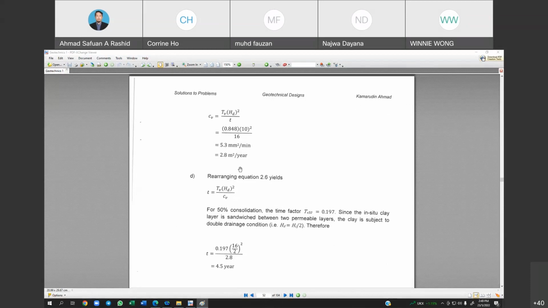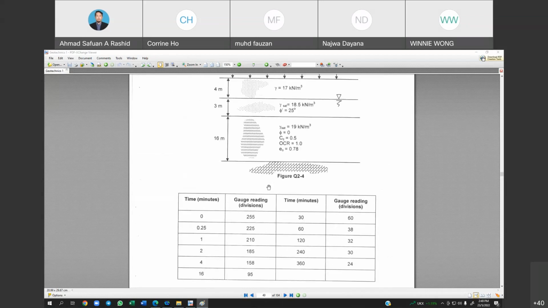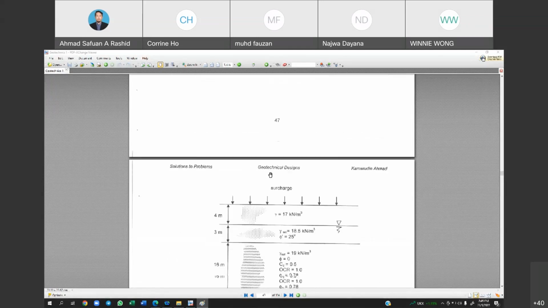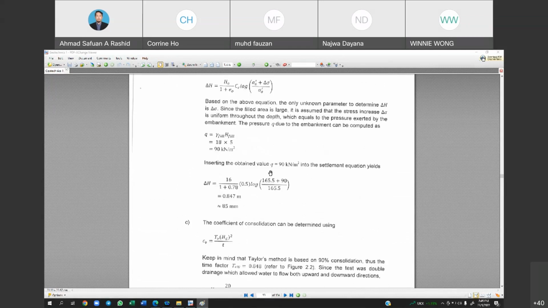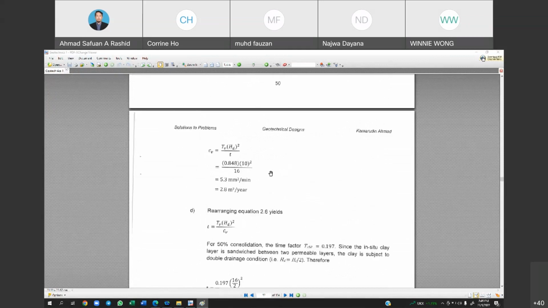And for the D, we have the time required to achieve 50% consolidation settlement of the clay. So again, we may use the equation of the CV. CV is equal to TV times HD square over T. So we already have the CV, so now we can calculate the T. Normally for 50% of consolidation, the TV is equal to 0.198 or 0.197.